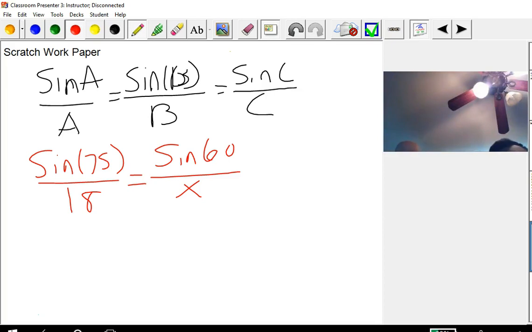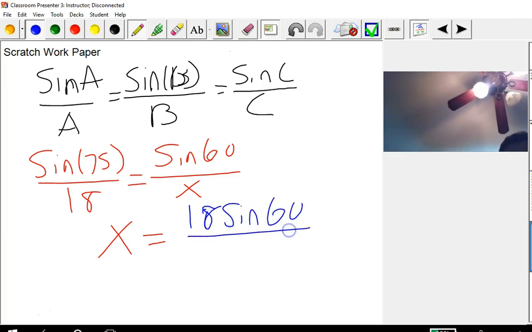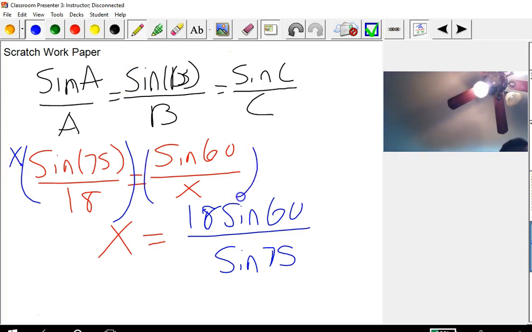If you do the math here, you just multiply it out, and you're going to find that x is equal to 18 sine 60 over sine 75. Now, I know I skipped a step of showing you multiplying both sides out so that the sides are equivalent.